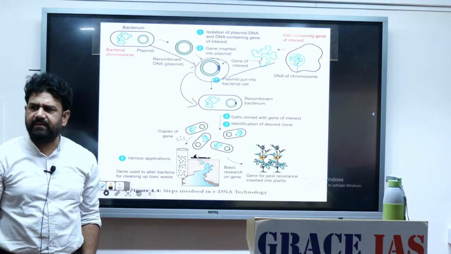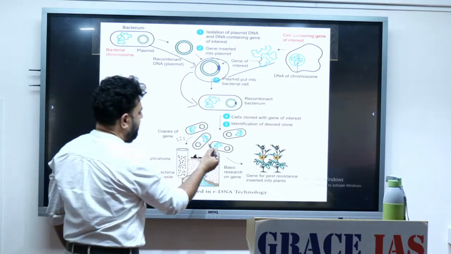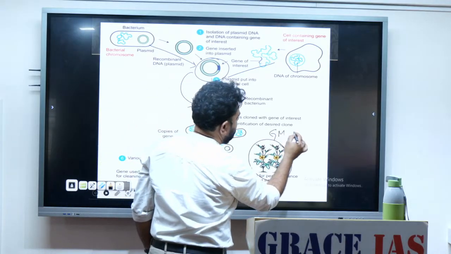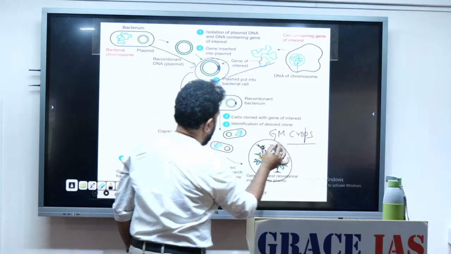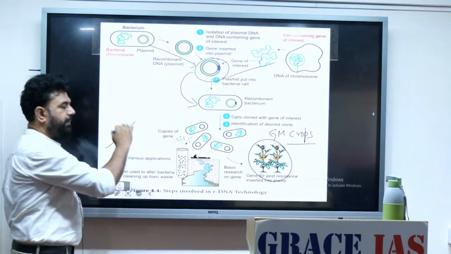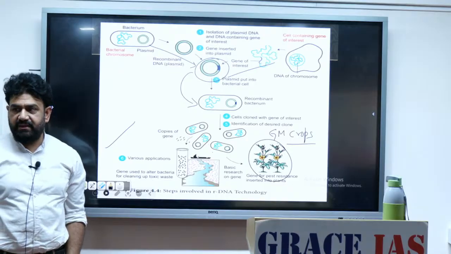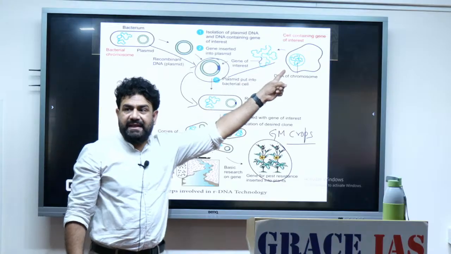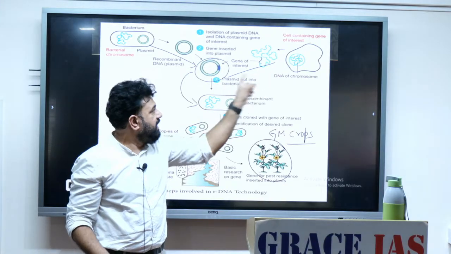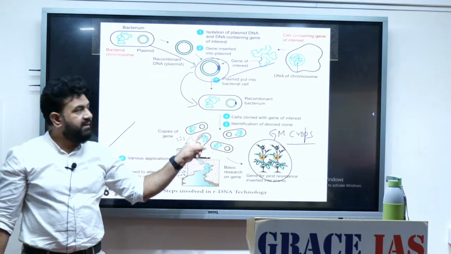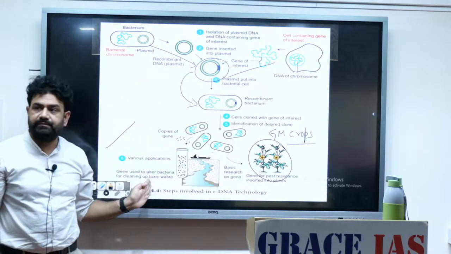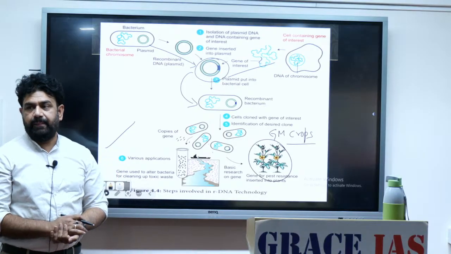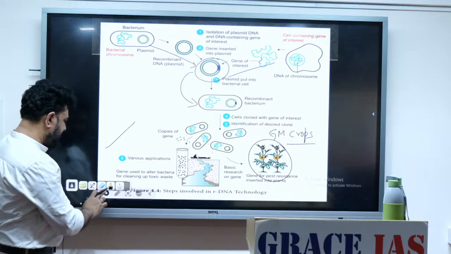Bacteria multiply faster, and you can separate them and use them in plants to prepare GM crops or use it for any purpose, various applications, and the end effect depends on which DNA fragment you transferred through the plasmid. That effect will be seen here. This is the working principle of recombinant DNA technology. That's a basic thing, please understand this.